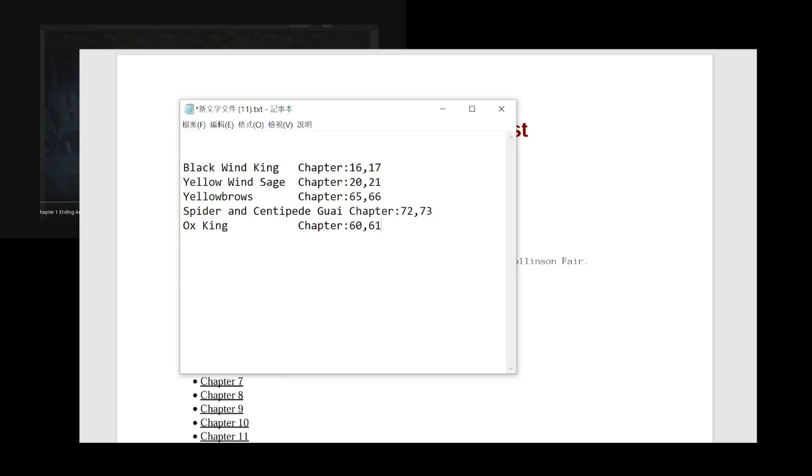As you can see in this chart, there are two chapters of the book for each of the game's chapters. So that's a lot of stuff.